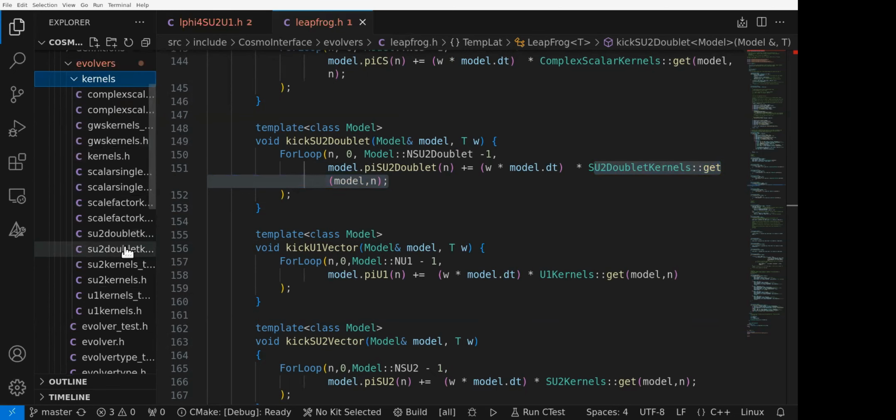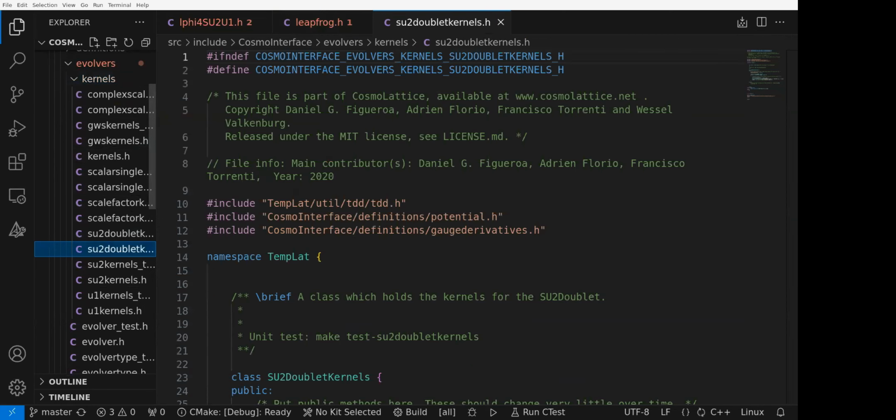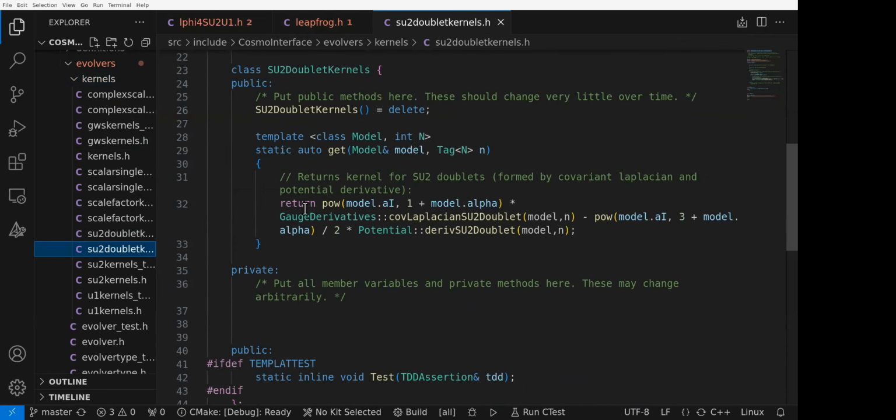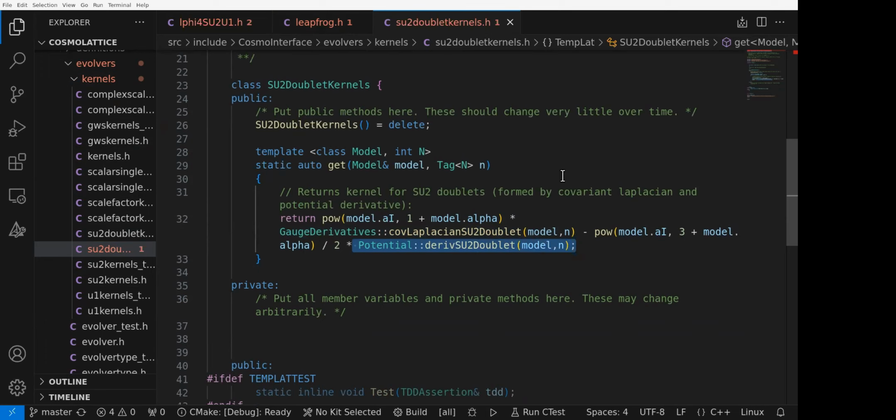So the SU2 kernel is this file here, and you simply have this function that computes the covariant derivative for the SU2 doublet, and then you have the derivative of the SU2 doublet itself. And this is basically the function that maps the derivative of the potential with respect to the norm to the one with respect to components.